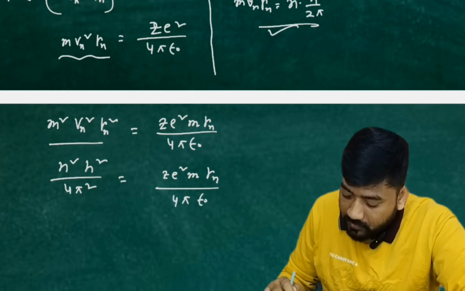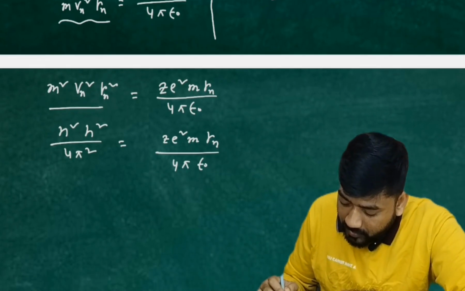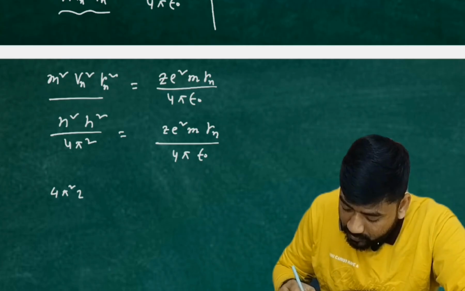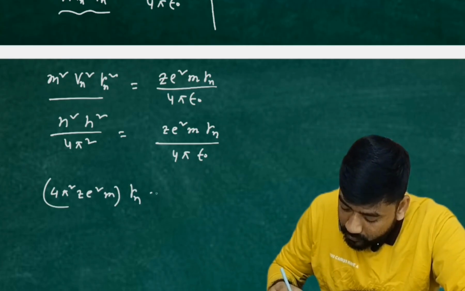Now from here we can find out Rn. So what will be Rn? If you again cross multiply, you will get 4 pi square Z square m into Rn equal to 4 pi epsilon naught into n square h square.